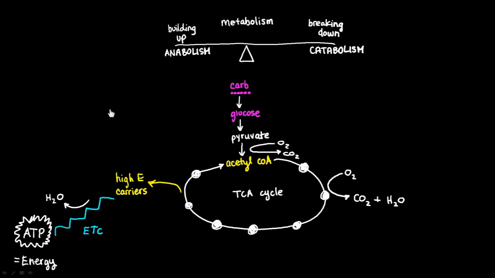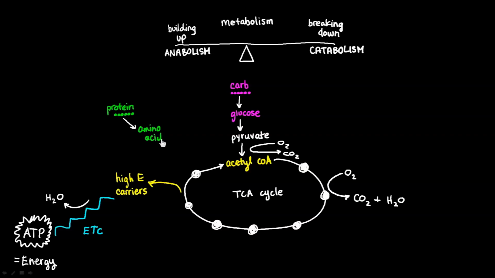Now let's look at what happens to the protein that's in our diet. So protein was one of the 3 macronutrients that we looked at in the last video, and the proteins in our diet are broken down by our digestive tract, as we saw, into unit parts called amino acids.